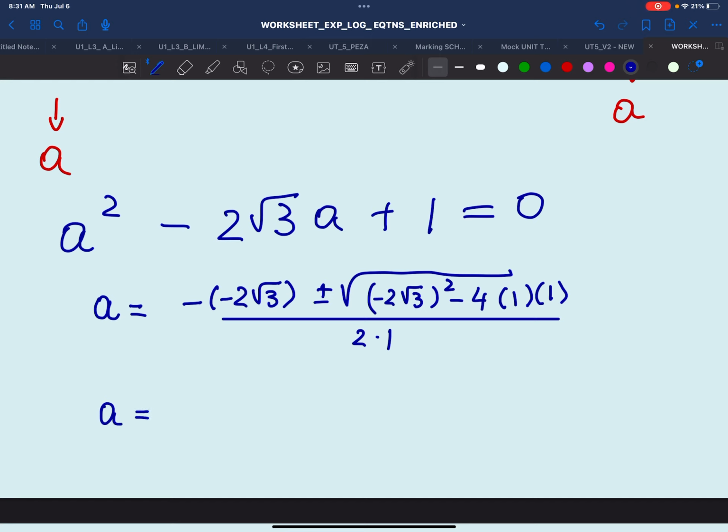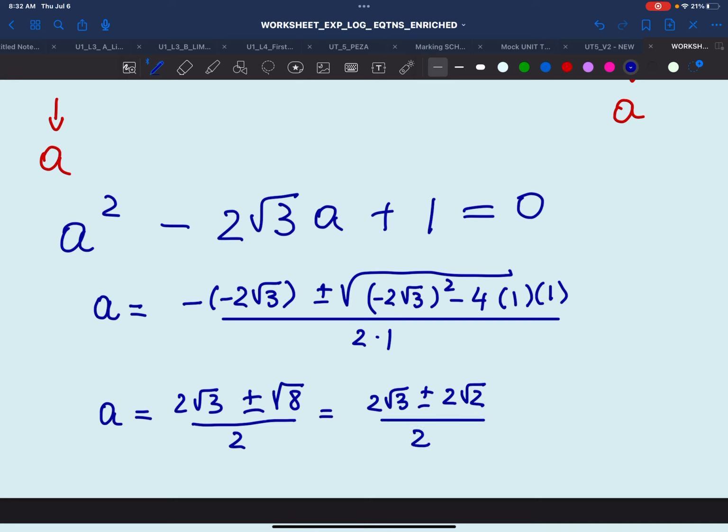So a equals 2 root 3 plus or minus, let's take a look at this: power of 2, 4, root 3 squared 3, 4 times 3, 12, and 12 minus 4 is equal to 8. So we have the square root of 8 over 2. Keep simplifying, so we have 2 root 3 plus or minus 2 root 2 over 2.